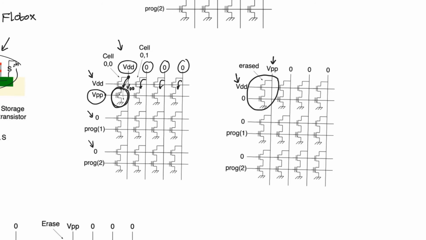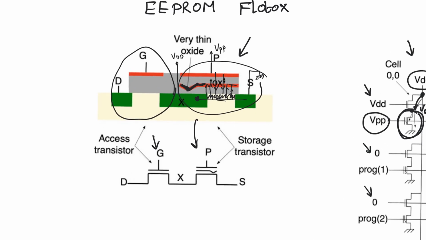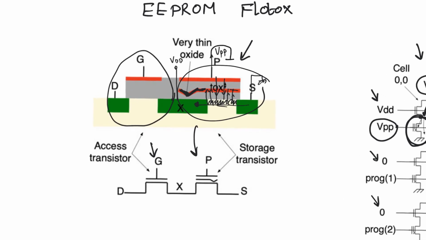What this is going to do is the VPP, the high voltage VPP, is going to pass to the drain of the storage transistor, and we are applying 0 to its gate. Now, what's going to happen here is that the gate has a 0 voltage, and the drain terminal here has VPP applied.